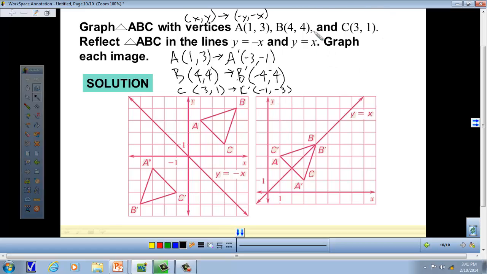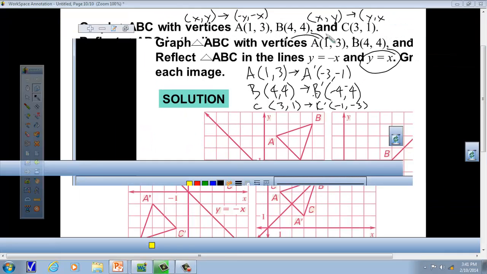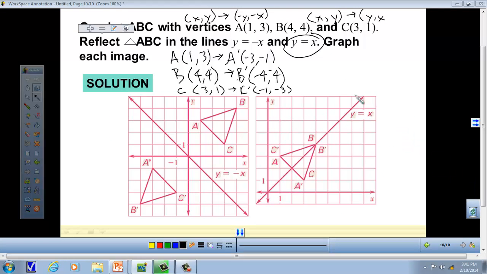And a similar thing here, this time for y equals x, it's x comma y becomes y comma x. Therefore, A, which is at 1, 3, becomes 3, 1.